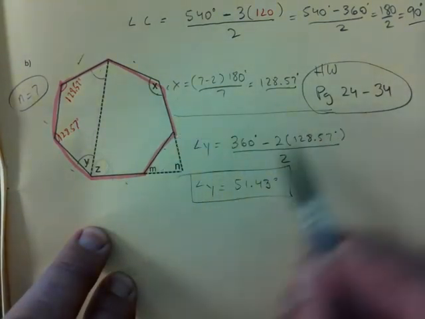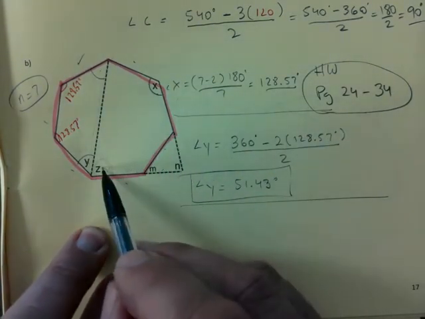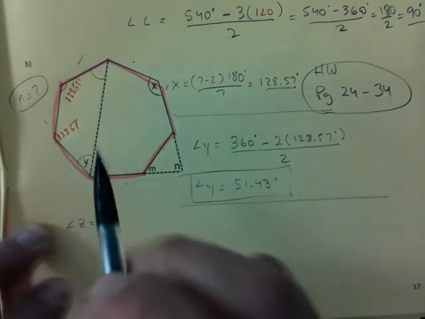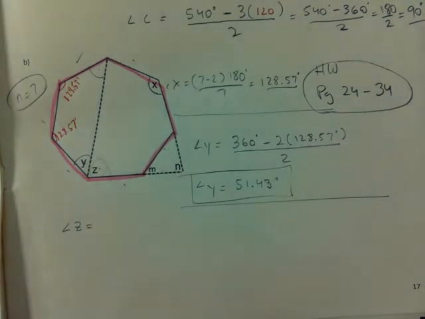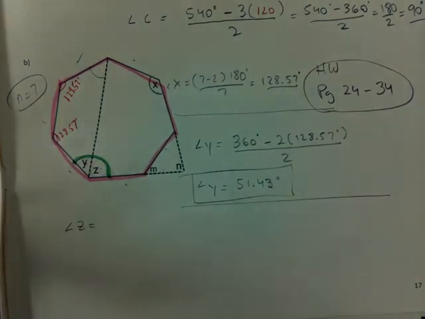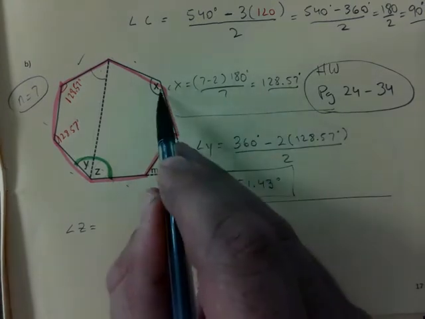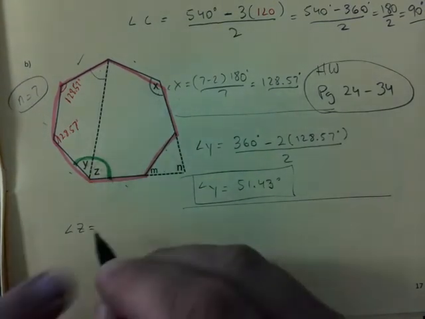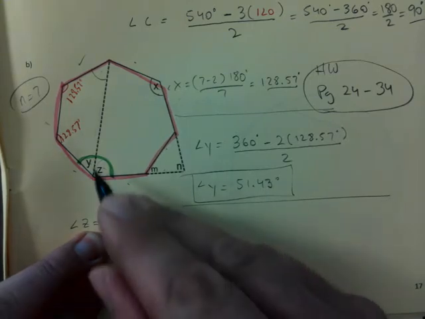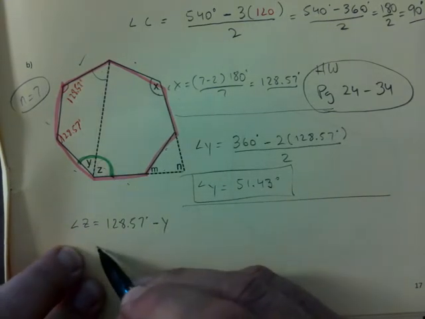So I've got x, I've got y, and now I'm going to find z. Angle z, I know that this whole thing, highlighter, this whole thing here is 128.57, correct? It's the same as this one. Are we awake today? Yes. Minus, I'm going to take y away from that.